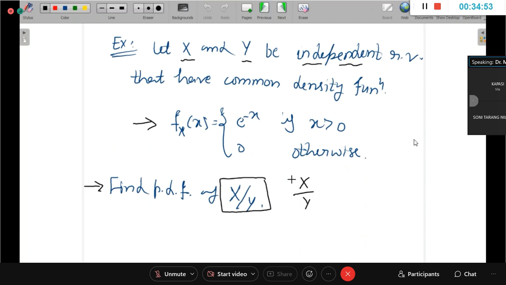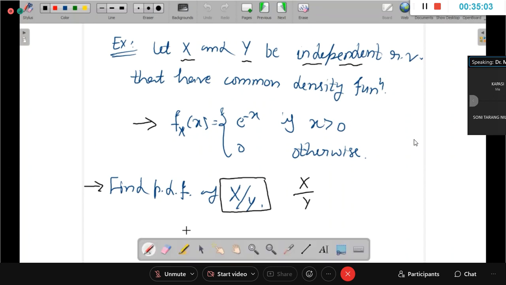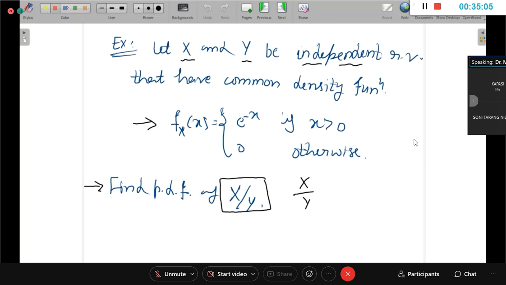Okay, right. So let's have the following example. Let's see how we will use this independence of two random variables in a problem. So you have the following exercise. Let x and y be two independent random variables that have a common density function.